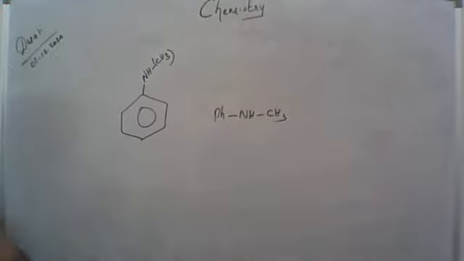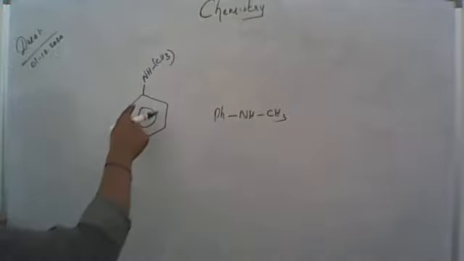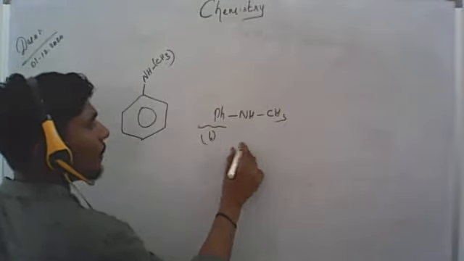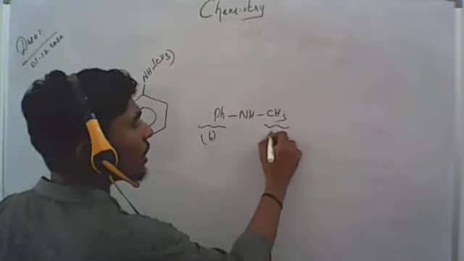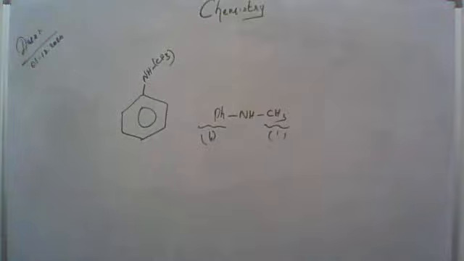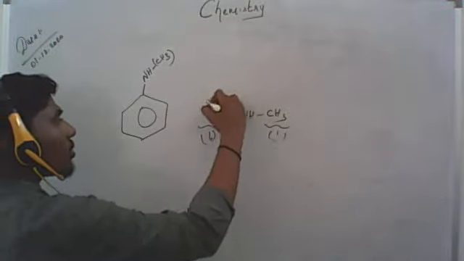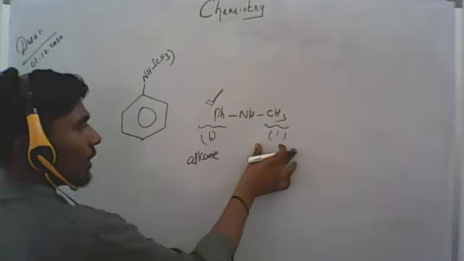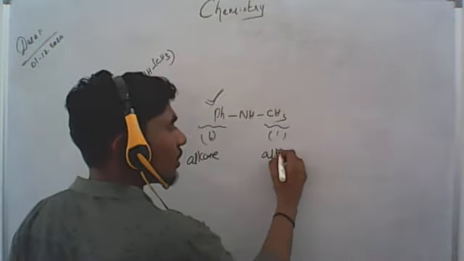In the phenyl, how many carbons are present? 1, 2, 3, 4, 5, 6. There are 6 carbons here, and on this side only 1 carbon. So the majority of carbons are on the phenyl side, so it is the alkane, and this one is the alkyl.